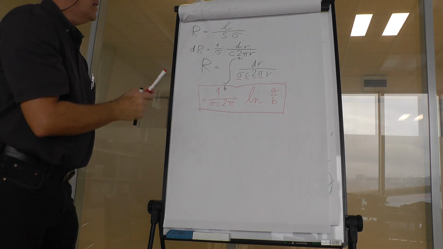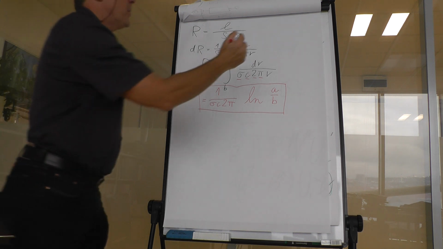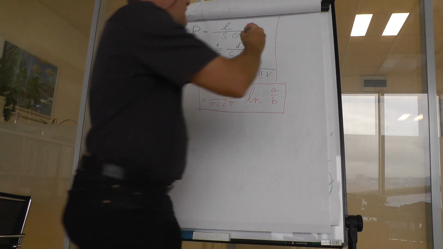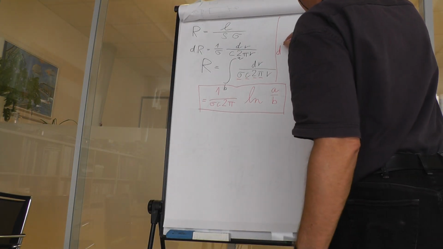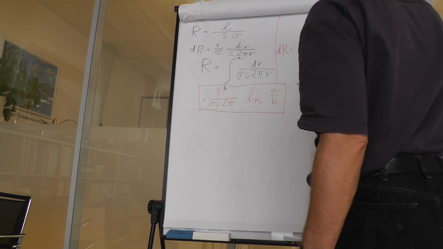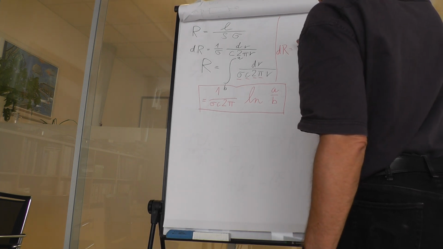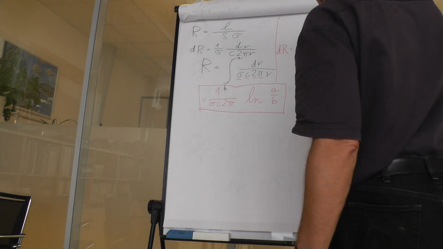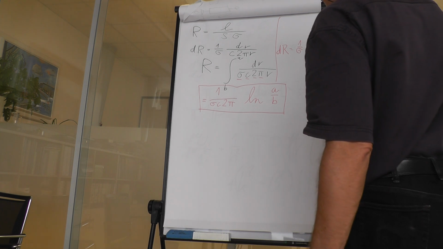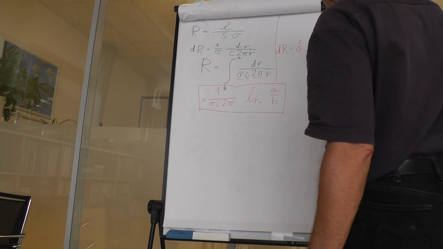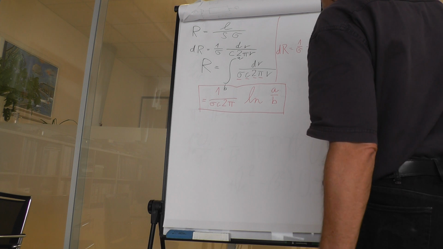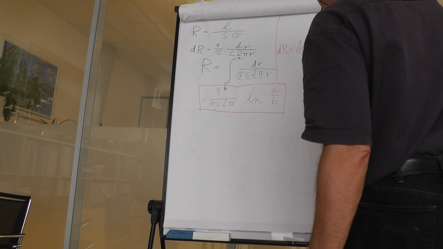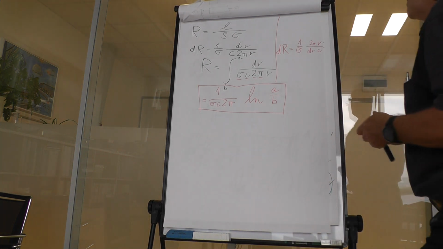So now I will get here a similar equation for the second case. We have dR equivalent to 1 over sigma, specific conductivity, and now multiplied by 2 pi r and divided by dr c.